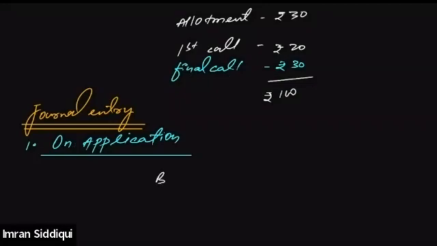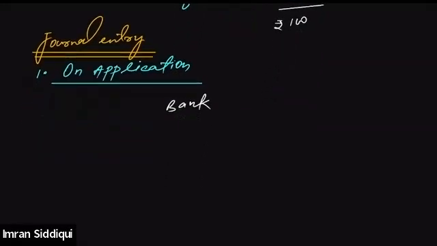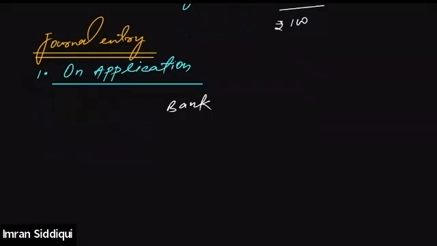Only in the case of application, we pass the receipt entry first and then the entry for the transfer of the application amount to share capital. In all other cases, the receipt entry will be the second entry, not the first entry.